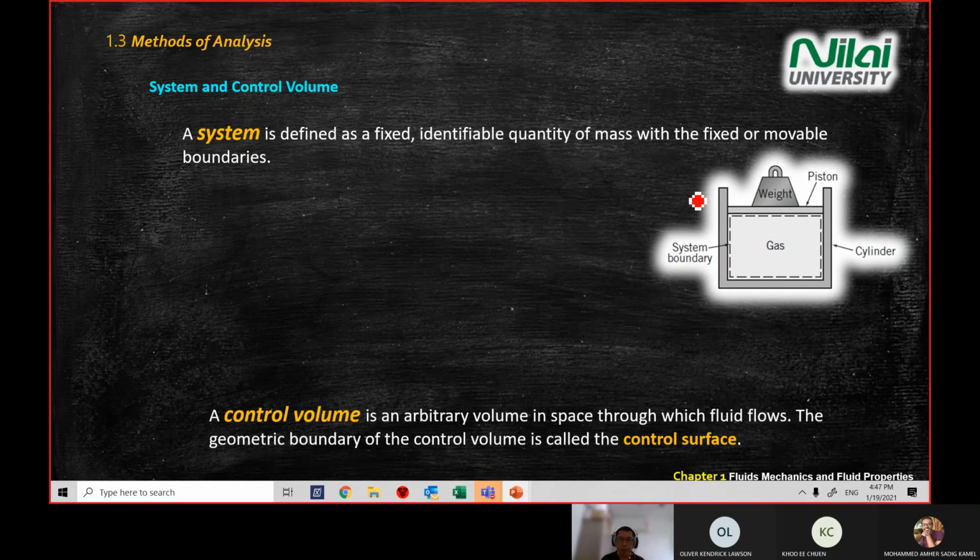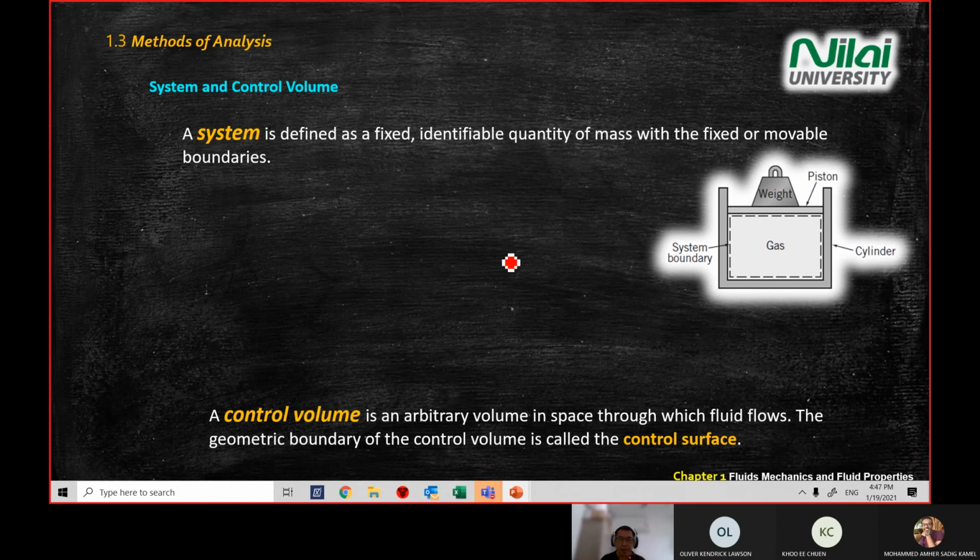And the control volume is imaginary, meaning it's not a real volume, but an arbitrary volume that you fix inside the system to help you do analysis.